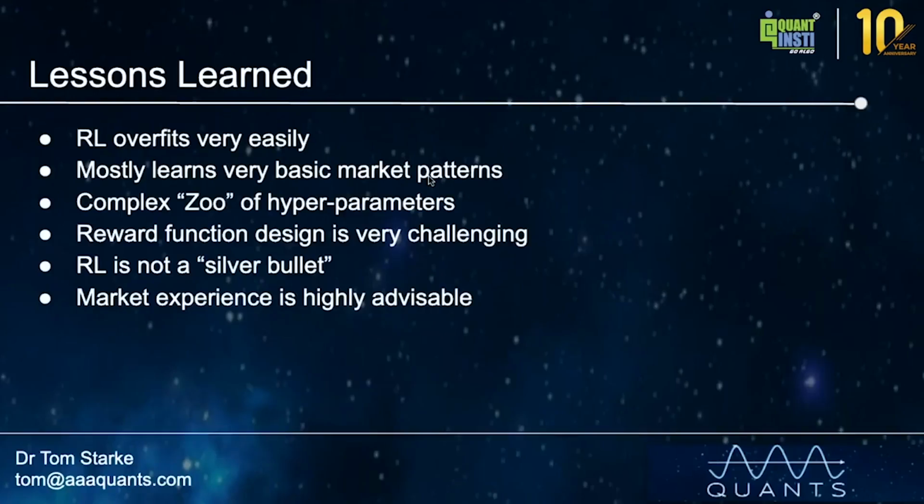We can overcome this by building more complex neural networks, but then again, we can easily overfit the noise rather than the signals. So we end up with, I call it, a zoo of hyperparameters, and this can be really challenging and takes a lot of time to get right when we build our system.